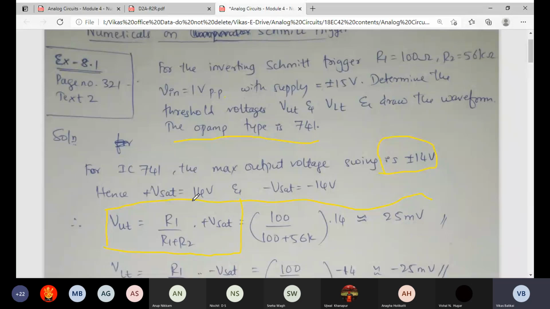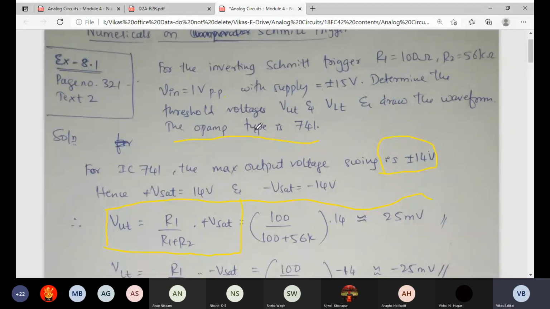So my saturation voltage will be plus 14 and minus 14, and it will not be plus 15 and minus 15. Pay attention over here. Whenever the type is mentioned as 741, the maximum output swing will be plus or minus 14 volt. So if the maximum swing is 14 volt, the threshold voltage also uses 14 volt, whatever the supply is.